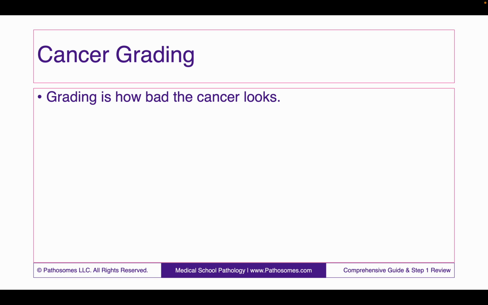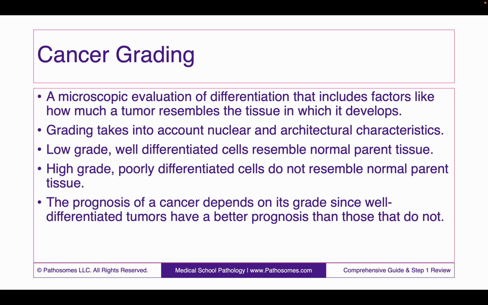Regarding cancer grading. Grading is how bad the cancer looks. It is a microscopic evaluation of differentiation that includes factors like how much a tumor resembles the tissue in which it develops. Grading takes into account nuclear and architectural characteristics.